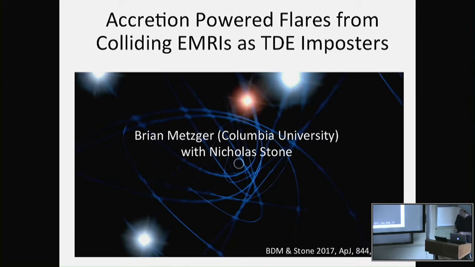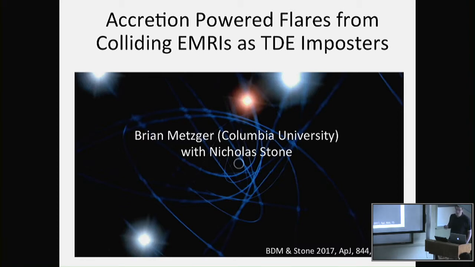Okay, so I'm going to talk about some work I did with Nick Stone, who I think everyone knows since he was a graduate student here, on accretion-powered flares from colliding EMRIs as TDE imposters. So the idea is that we see these flares from galactic nuclei. We think they're TDEs, but is there anything else that could be masquerading as TDEs, producing sudden accretion events on the supermassive black holes?